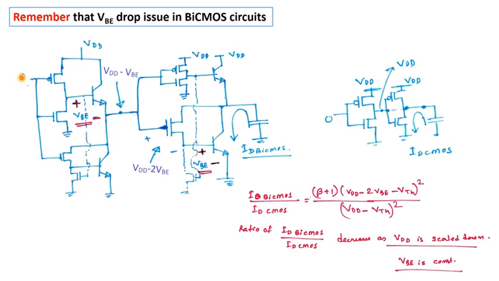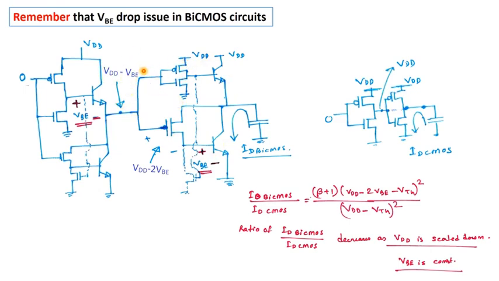Let us consider the input here is low, 0. So what will be the output? Output will be high, but we know that it cannot reach completely to VDD. So the output that we will get here is VDD minus VBE. This will be the input for the next inverter.